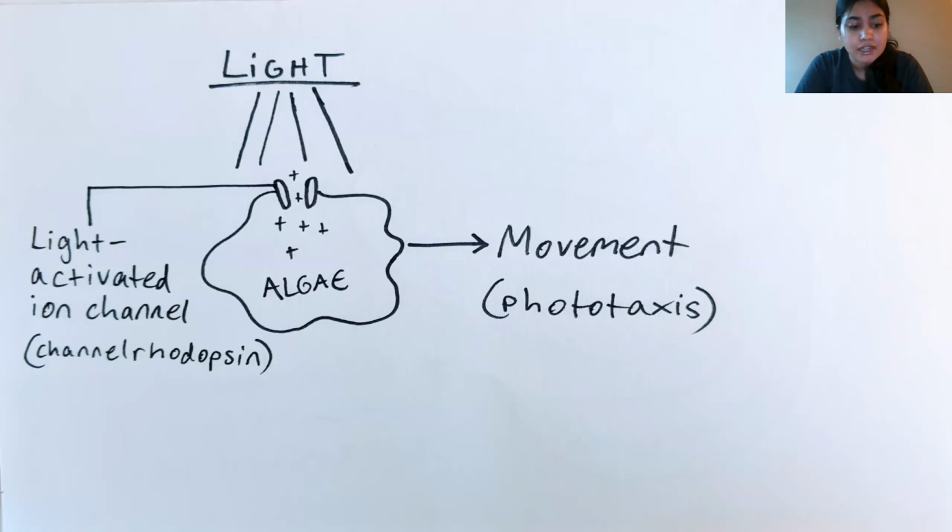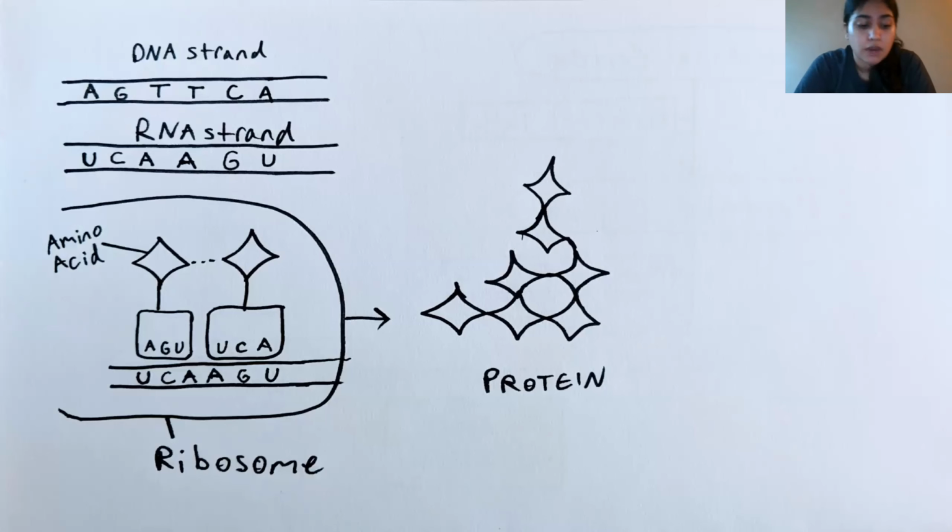So now how can this green algae ion channel help us study memory? Let's backtrack for a second and think about how proteins are even created. Well, the nucleic acid called DNA contains genes, or specific sequences of sets of molecules, which attract other molecules that form complementary sequences in another type of nucleic acid called RNA.